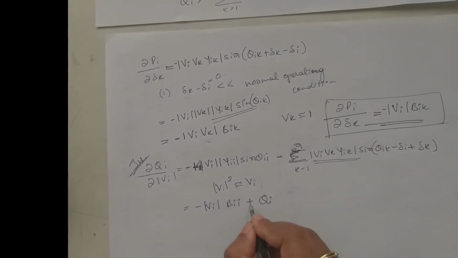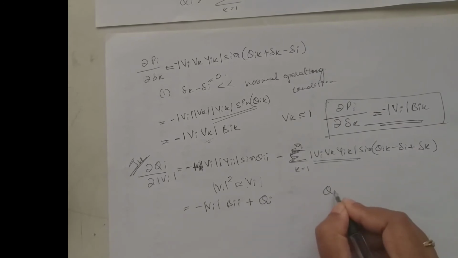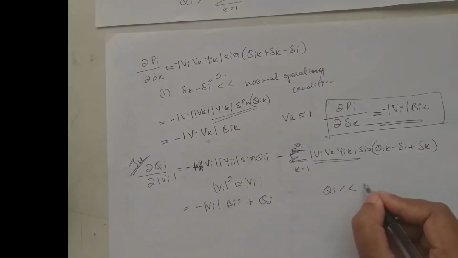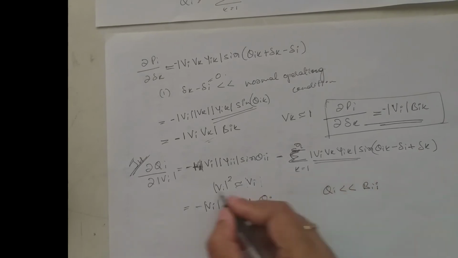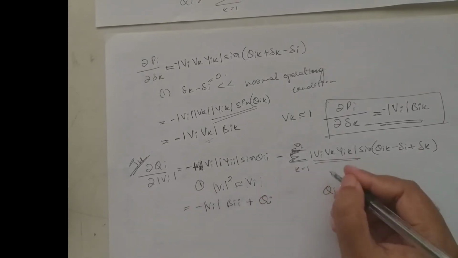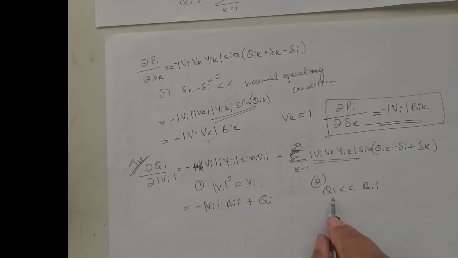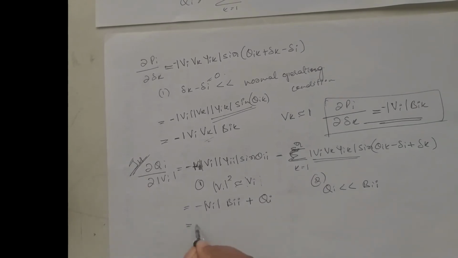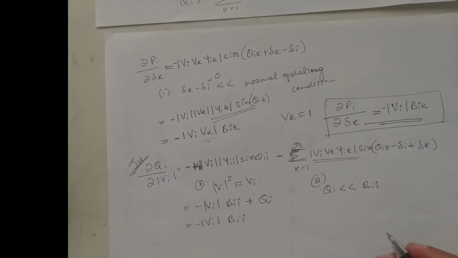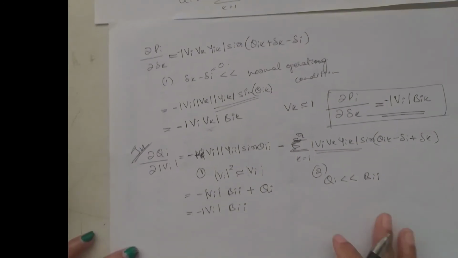Qi plus Qi, assuming Qi is very much less than Bii. This is the second assumption, this is the first assumption. Assuming this, we get minus Vi Bii.